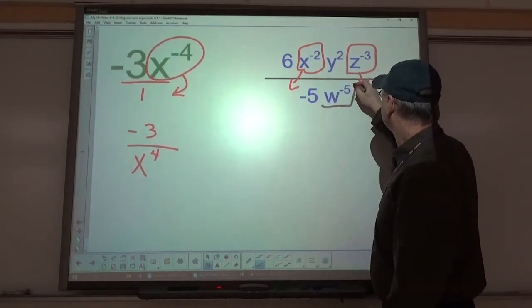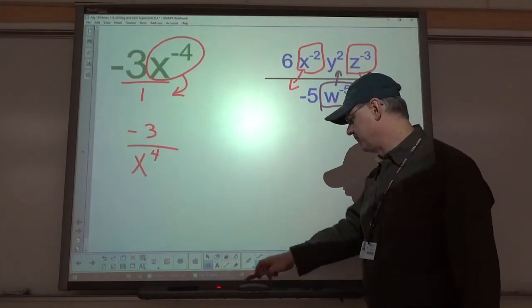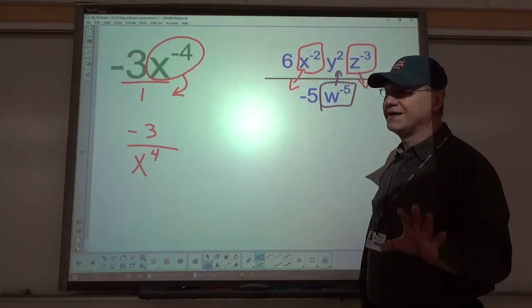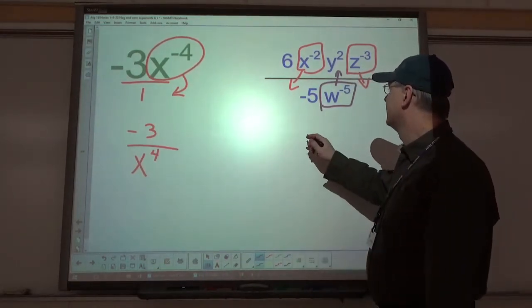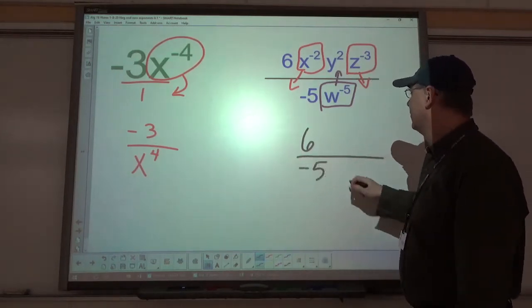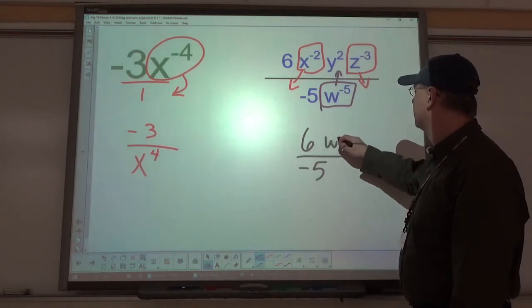And the w is raised to the negative power, that's going to come up. Now, I usually like to write these in alphabetical order. It's not necessary, but it is kind of nice. So the 6 on top, negative 5 on the bottom. Let's see, w comes before y.